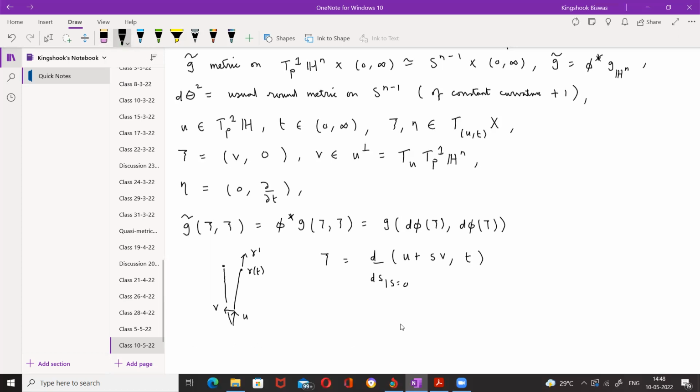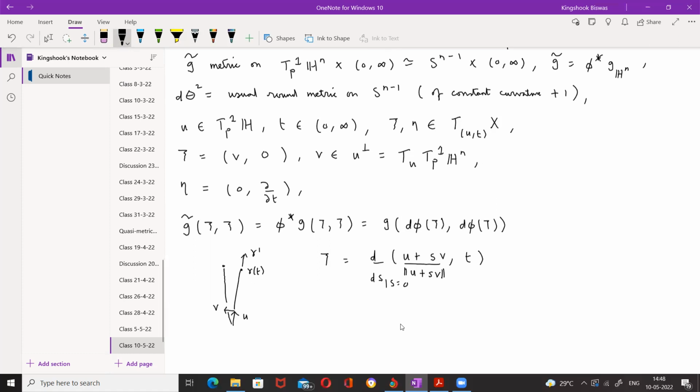This is xi, I can write xi like this. Well, this is not a unit tangent vector, so I have to divide by norm u plus sv. Then this is a curve in the unit tangent sphere, whose derivative at time 0 is v. And the derivative in the second component is 0. T is fixed.